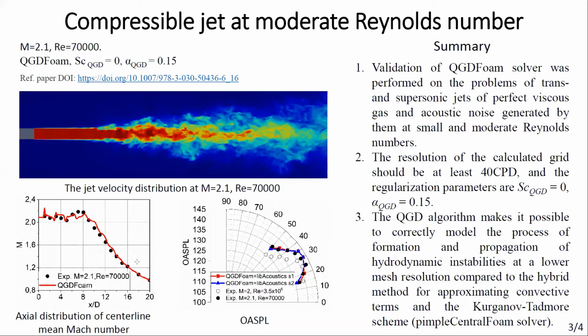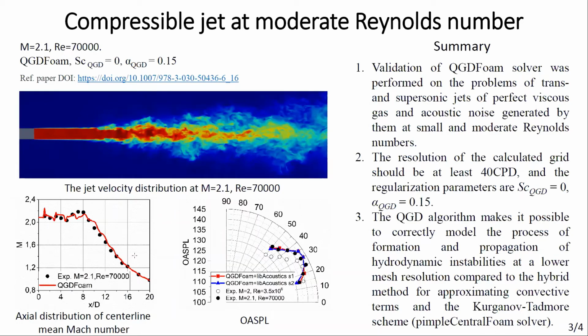The results show that the acoustic properties of the moderate Reynolds jet are closely comparable to experimental data. The highest level of generated noise occurs at an angle around 30 degrees.